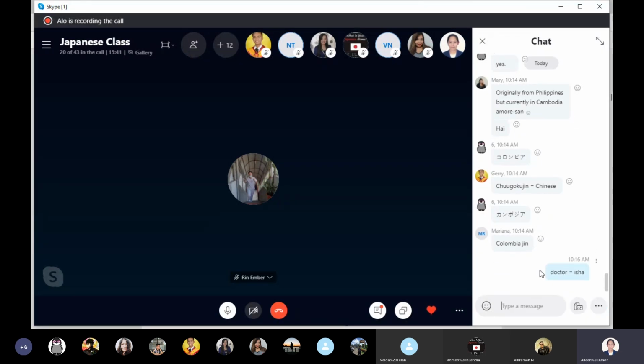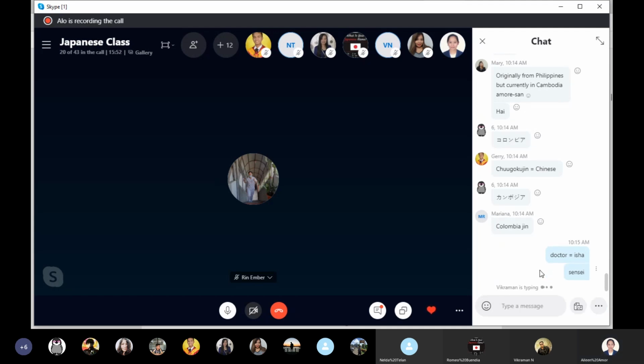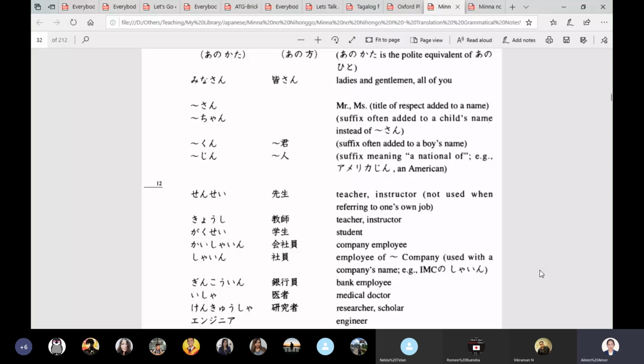However, when you talk to a doctor, the word that you use to refer to them would be sensei. It's the same for teachers, sensei. However, for teacher, if you mean the job itself, then we say kyoshi.